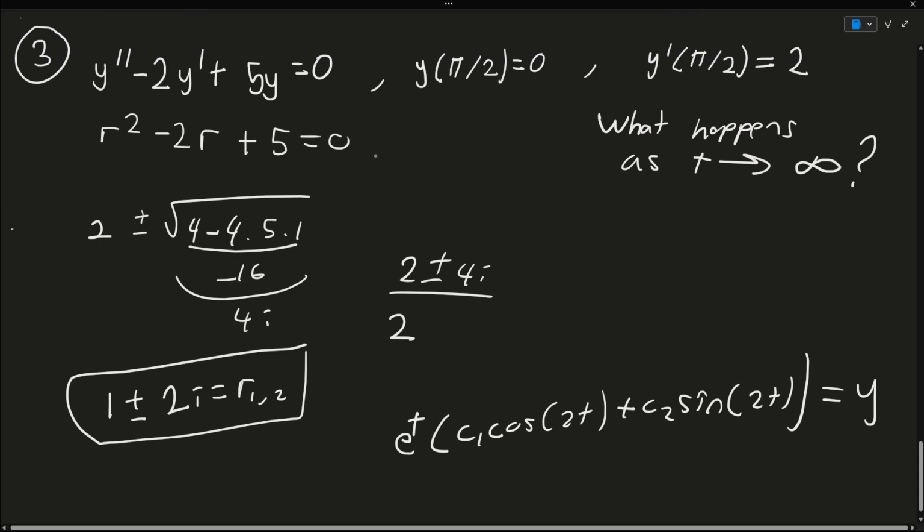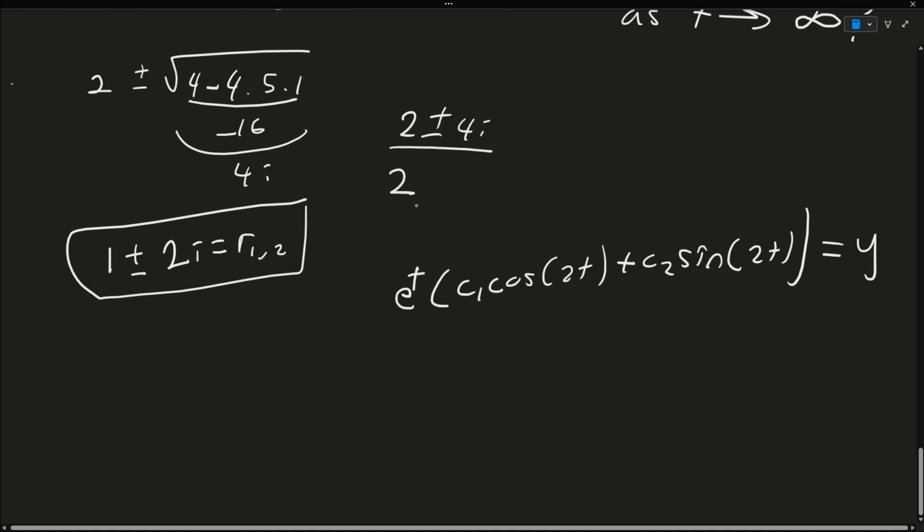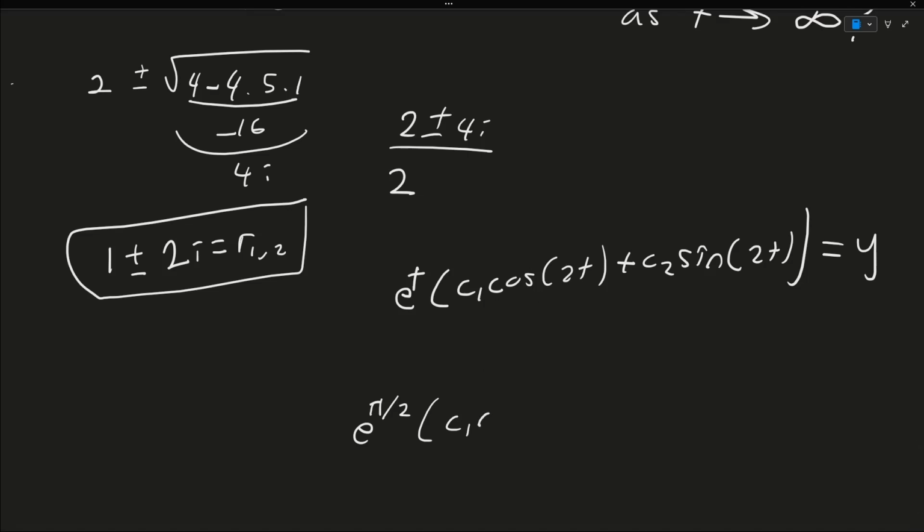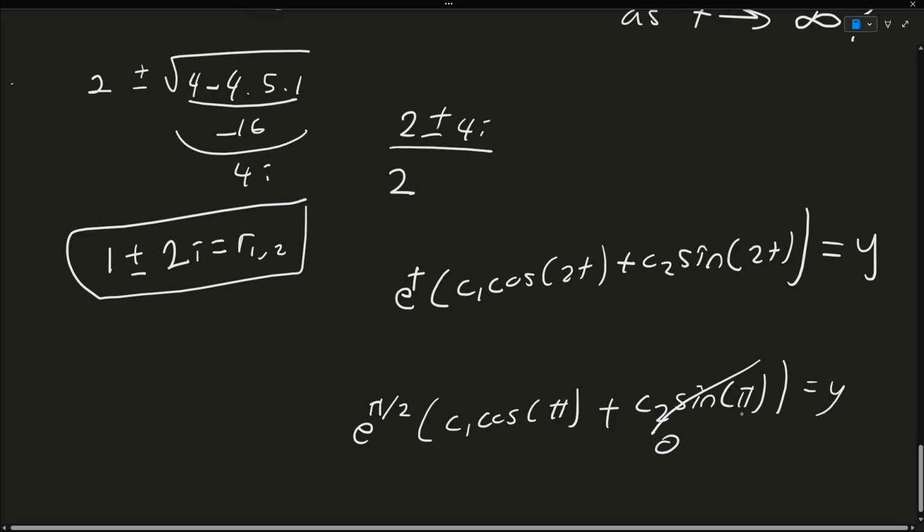So we are given y of pi over 2, which is actually a very good one. e to the pi over 2 times c1, but pi over 2 times 2t will be a cosine of pi, plus c2 sine, and pi over 2 times 2t is pi also. This is just going to be 0 because sine of pi is 0, and cosine of pi is negative 1, so we will have negative c1 inside the parentheses.